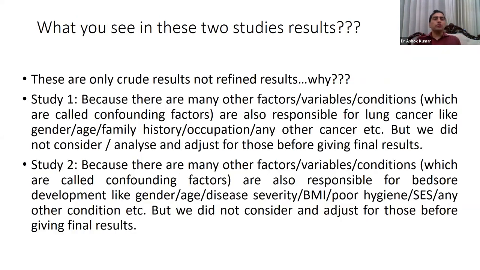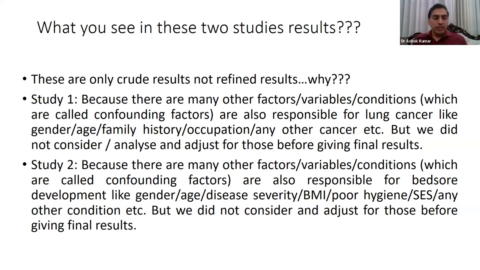What you see in these two studies or results are only crude results, not refined results. Why? Study 1, because there are many other factors, variables, conditions, which are called confounding factors, also responsible for lung cancer, like gender, age, family history, occupation, any other cancer, etc. But we did not consider, analyze, or adjust for those before giving final results.